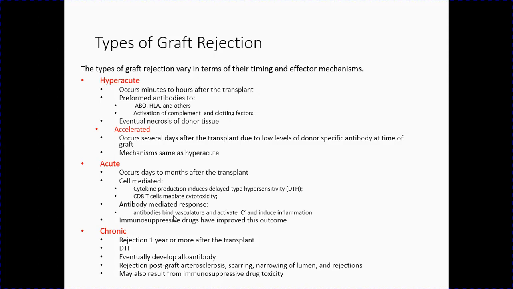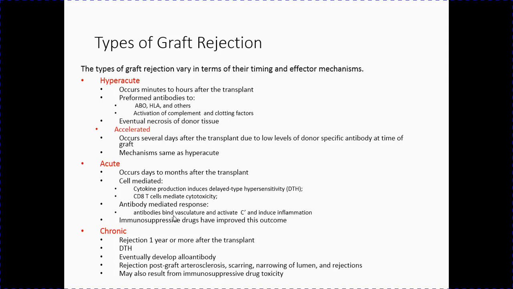And then chronic graft rejections recur a year or more after the transplant. It too is a delayed type hypersensitivity reaction. It takes a while for you to eventually develop it, but an alloantibody is eventually developed against the donor cells.